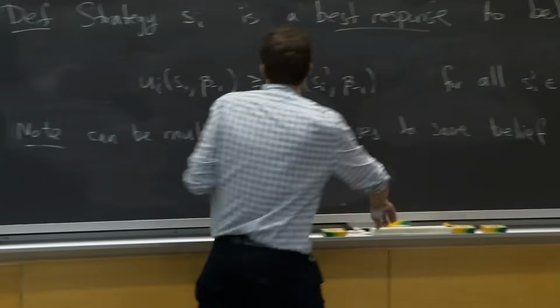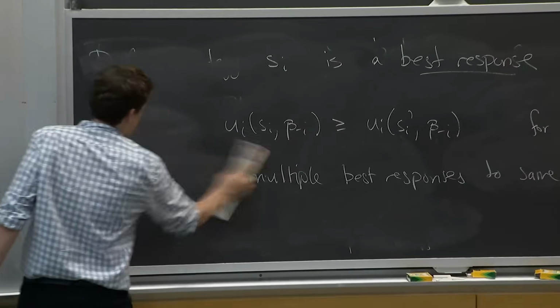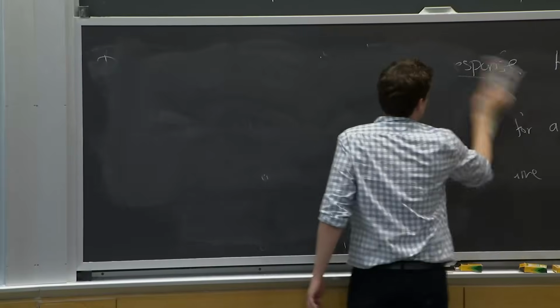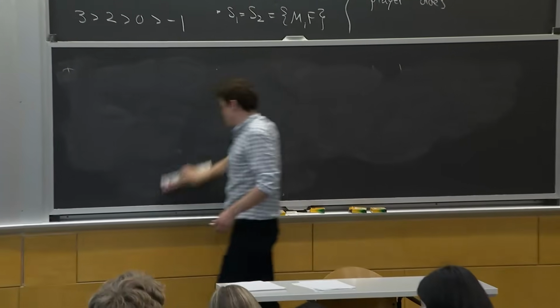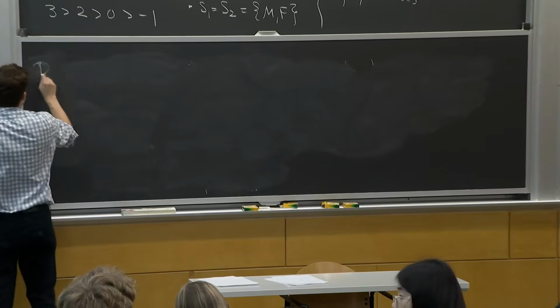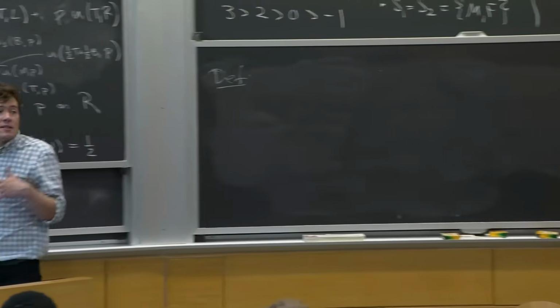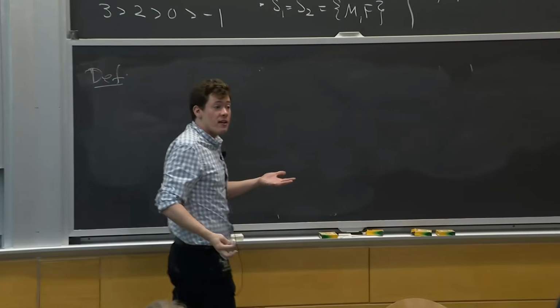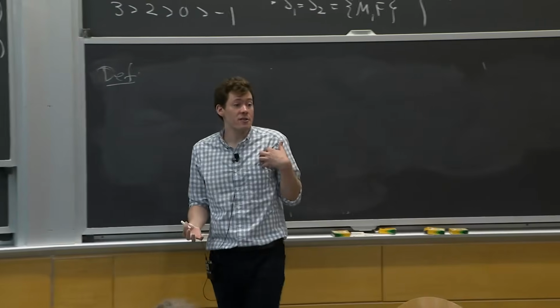So let's formally define a mixed strategy. It's sort of what you would think, but be a little careful. So what is a mixed strategy? It says, well, just like a belief, it's a probability distribution or a lottery, but it's not a lottery about other people's strategies. It's a lottery about my own strategy, right?